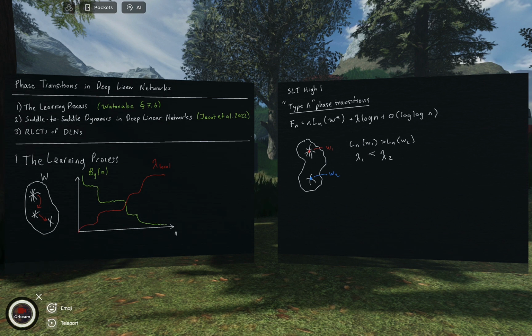Okay, so what happens? Well, you can just fill these values into the free energy, this local free energy formula, and plot them as a function of n. What you find is the following.